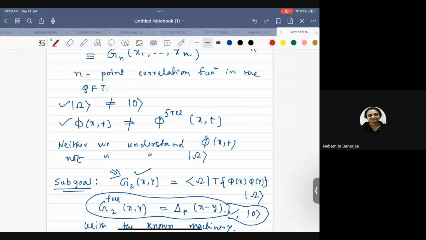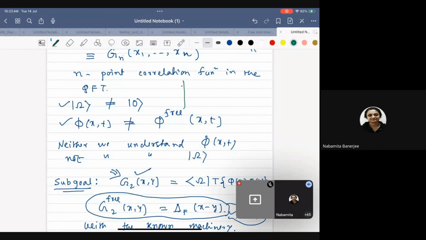So I should probably explain it a bit more. This is a notation, which means the definition is in the free theory: this free Hamiltonian acting on 0 gave 0. We checked it explicitly.